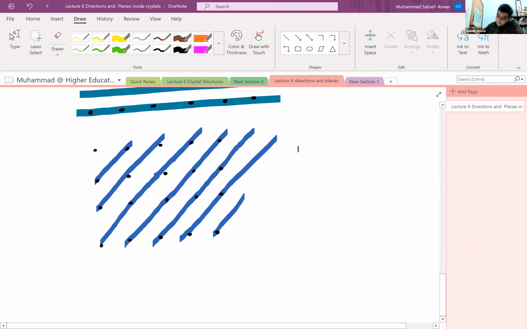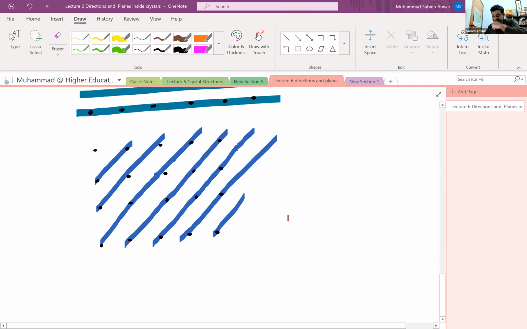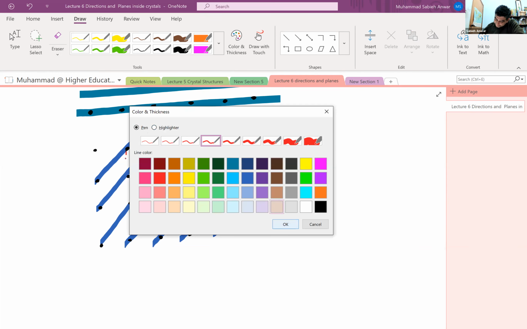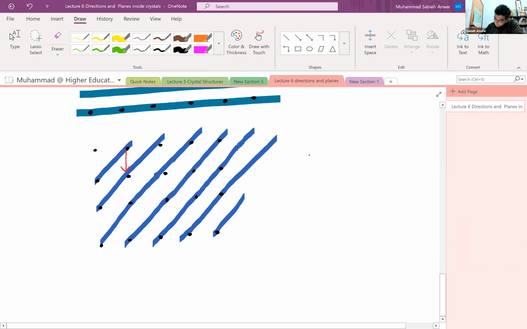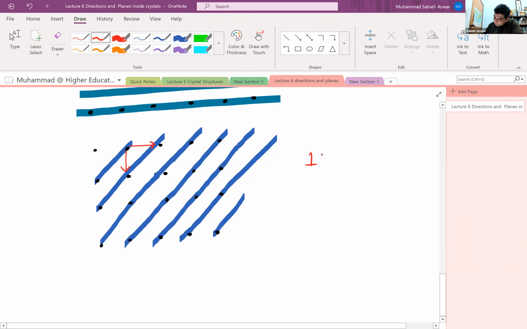All right. So now I would like to identify the Miller indices of these planes. So I move along the x-axis, I get one crossing. I move along the y-axis, I also get one crossing, and none along the z-axis. So the Miller indices of these planes are 1, 1, 0.